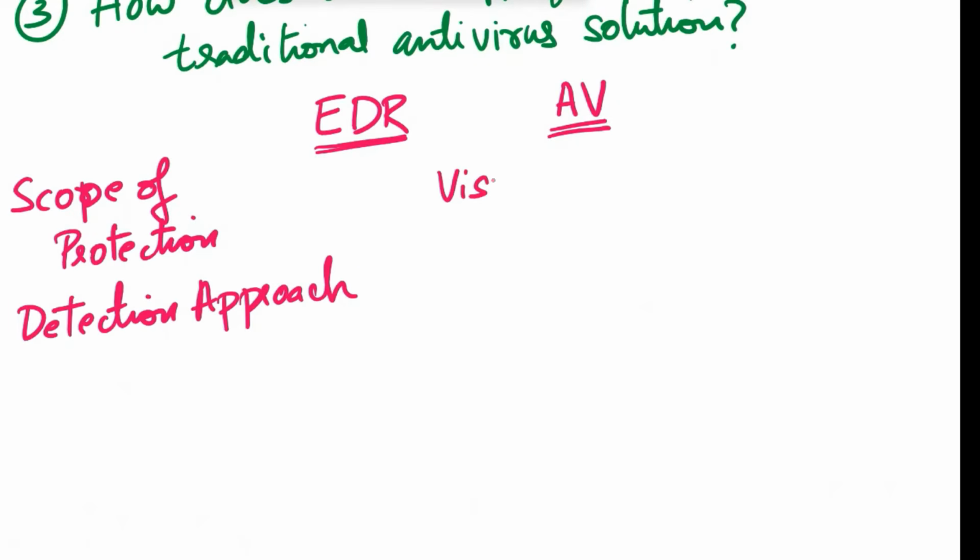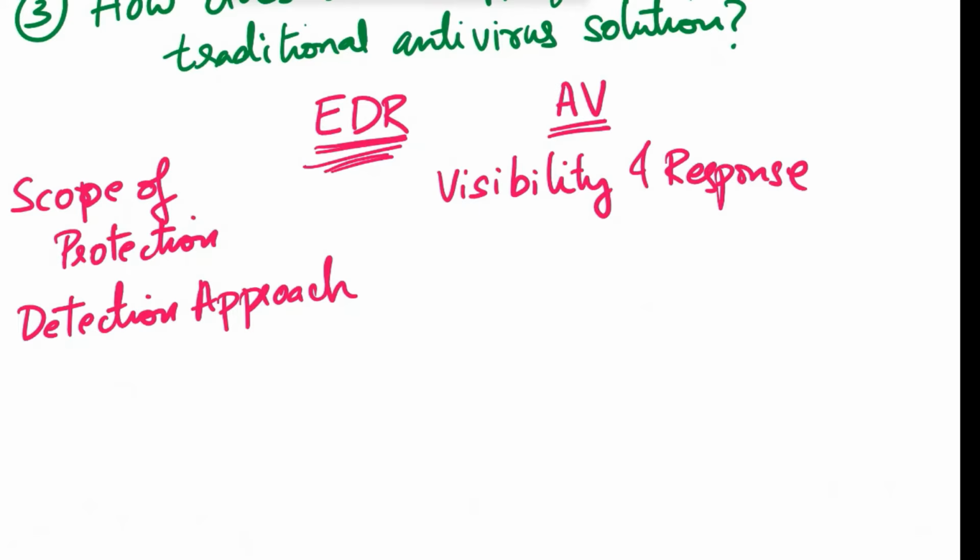Another difference is related to visibility and response. EDR solutions provide granular visibility into endpoint activities, allowing for real-time monitoring, threat hunting, and in-depth incident investigation. They offer the ability to respond to incidents by isolating endpoints, terminating processes, and executing automated response actions.